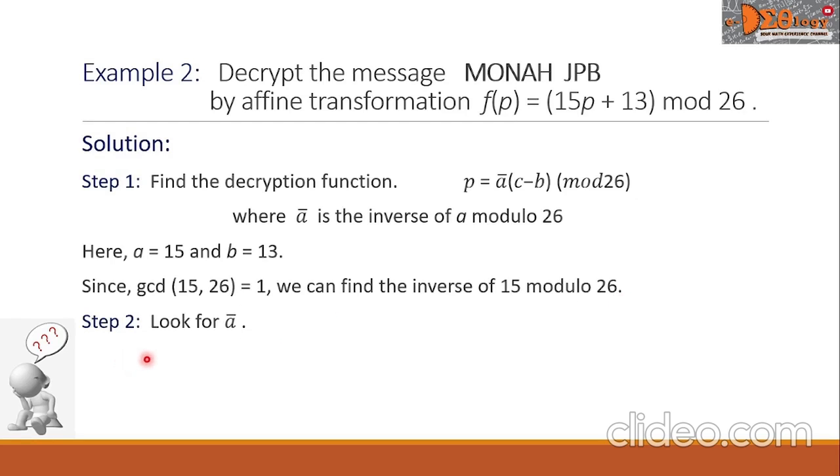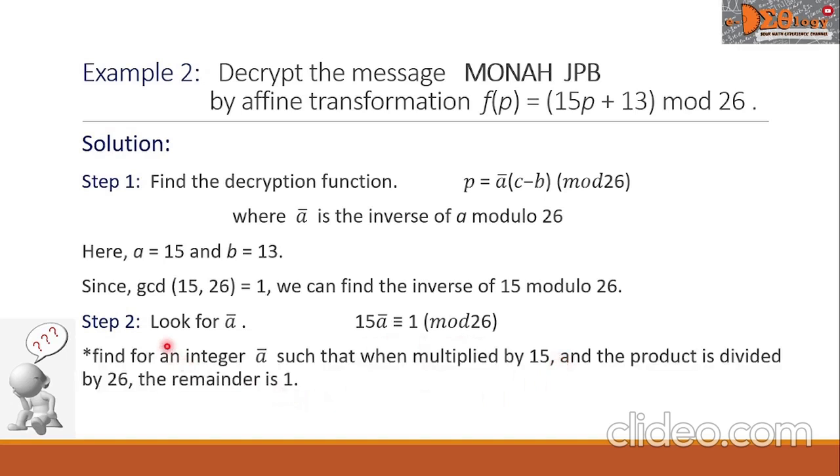So step 2, we're going to look for the a bar or the a inverse. We write here 15 times a inverse is congruent to 1 mod 26. So in here we're going to find an integer a bar such that when multiplied by 15 and the product is divided by 26, the remainder must be 1.